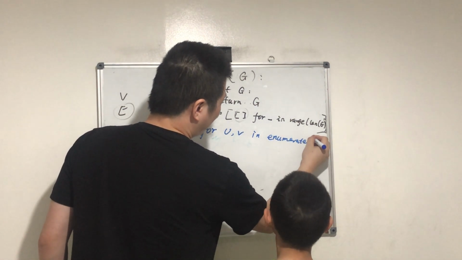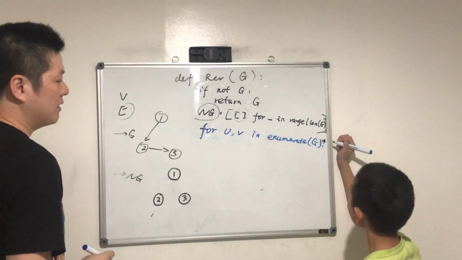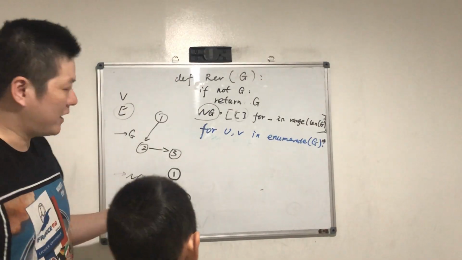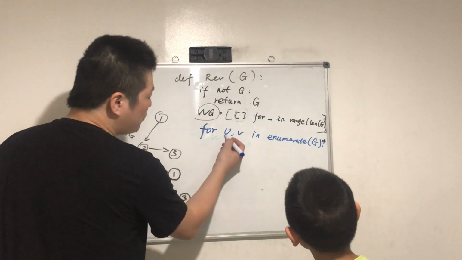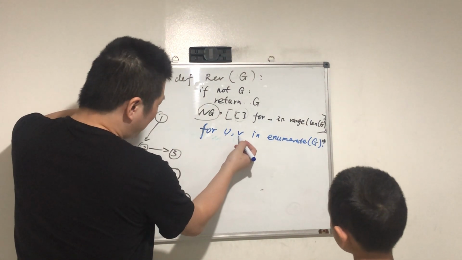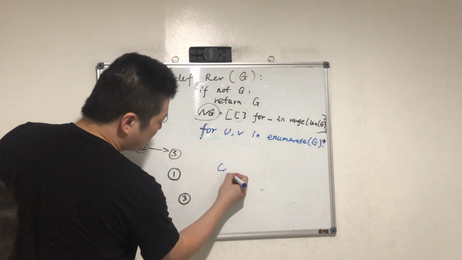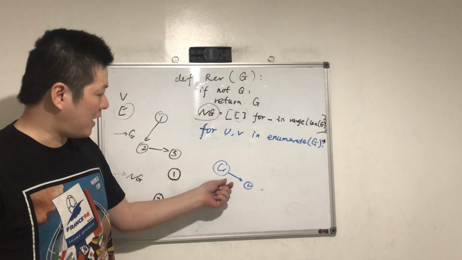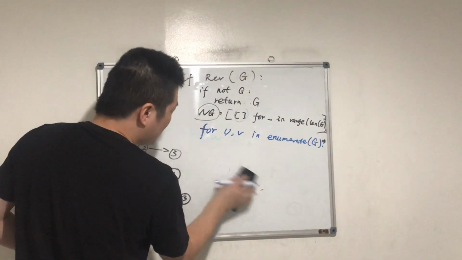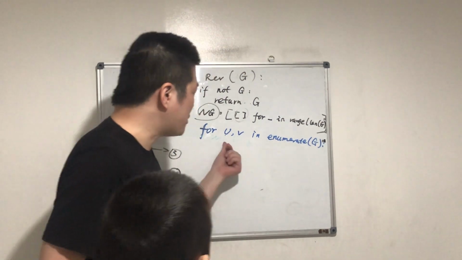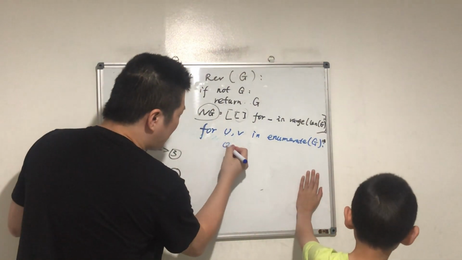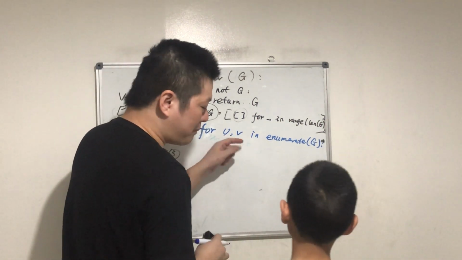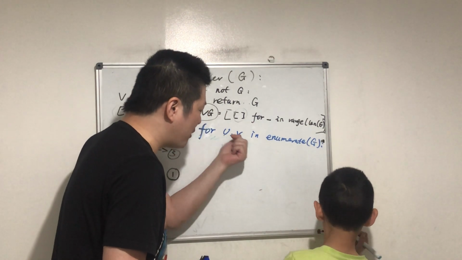What does enumerate graph mean? Actually, no, that's a mistake. u will be 0, 1, 2, 3, the vertices, and v will be the list of edges that u points to.